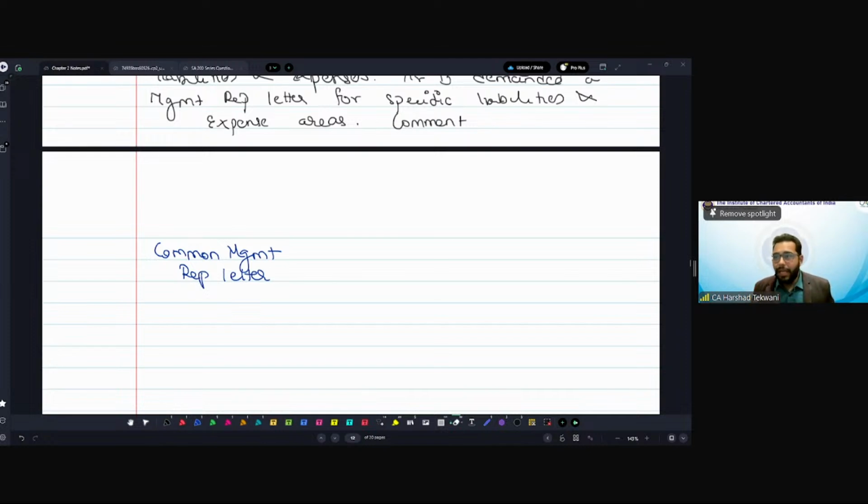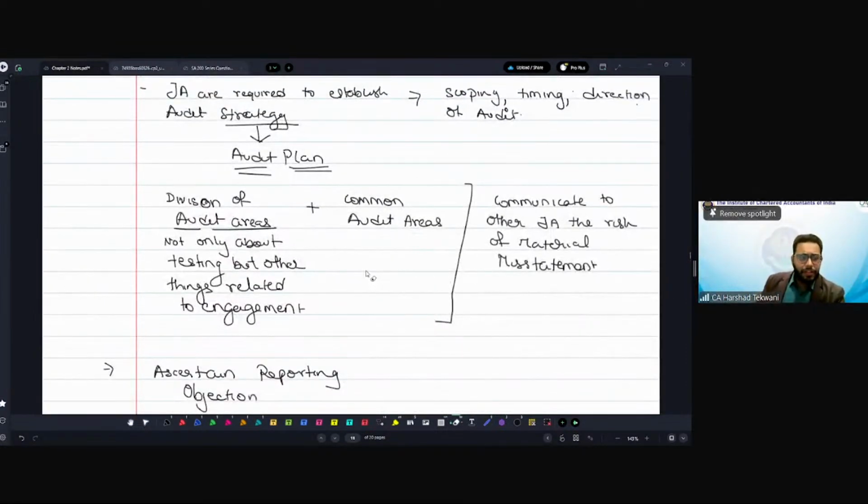Now, there are certain areas in the audit of a financial statement where we need to understand who is responsible. So there are some specific areas that we need to discuss. There is a division of audit areas for which the specific joint auditor will be responsible. For the work allocated to such joint auditor, they will be responsible.